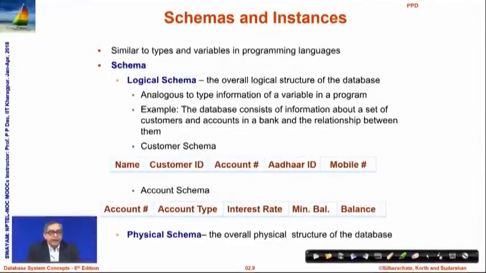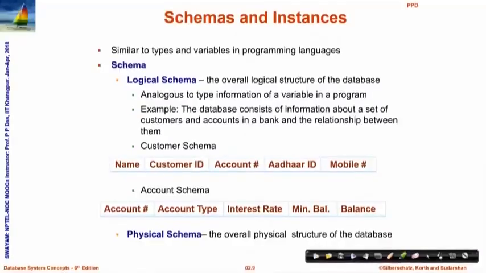And again, in line with the abstractions of physical, logical and view as we did, schema also can be a logical schema, which corresponds to the logical level of abstraction, and we may also have a physical schema which tells how the data is actually physically organized in the database, what the different database files are, how they are indexed and so on. All this information is a kind of metadata.